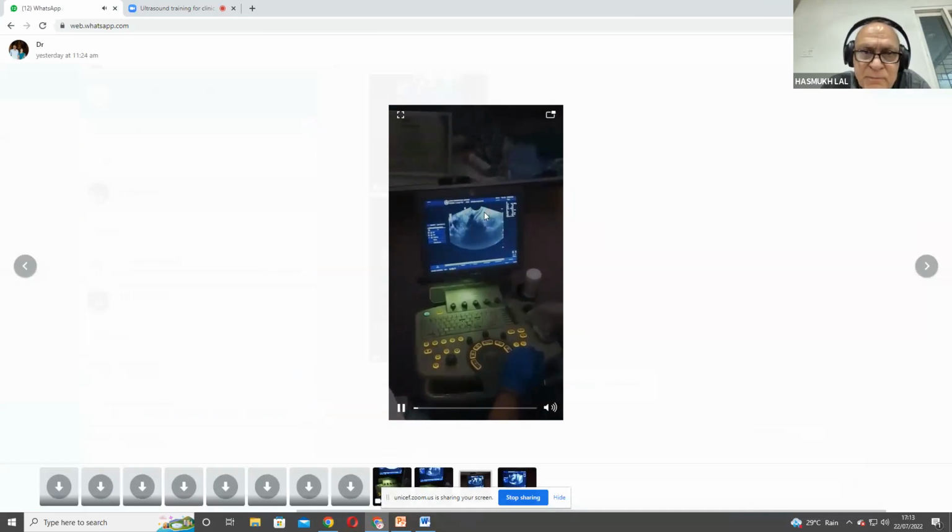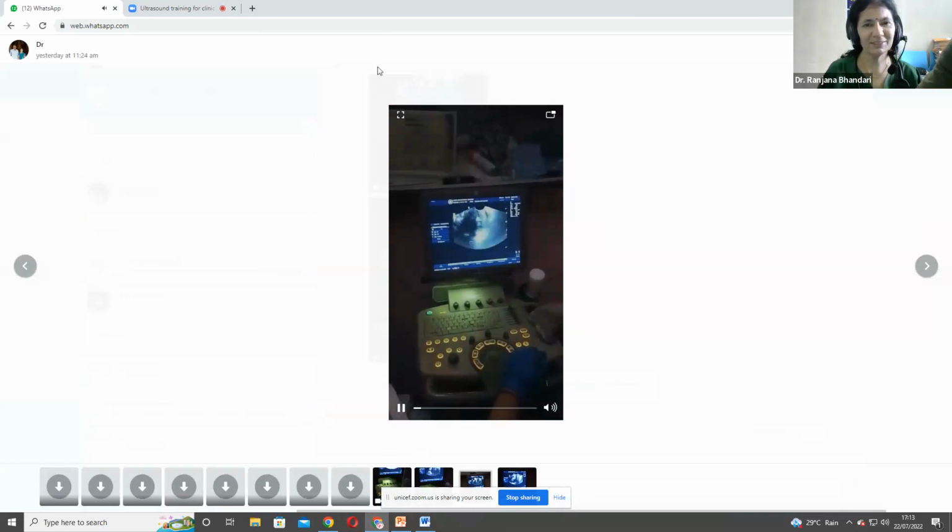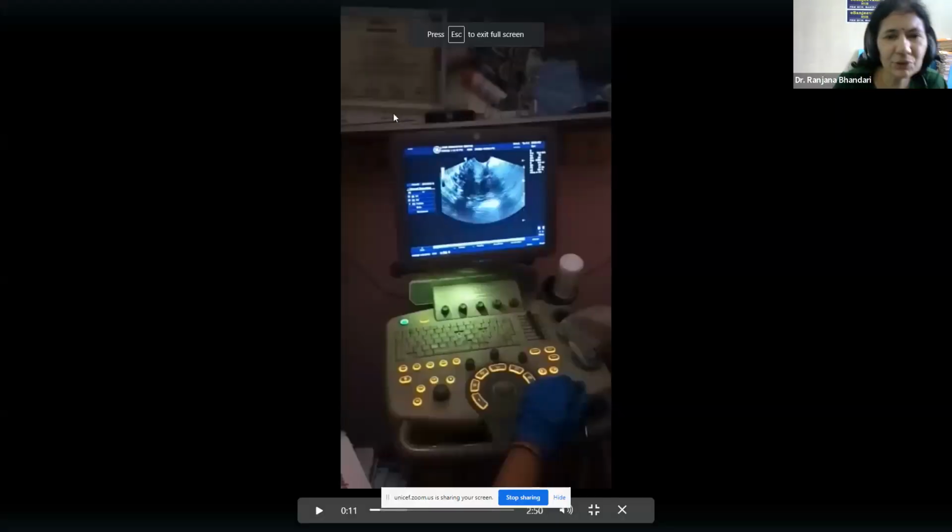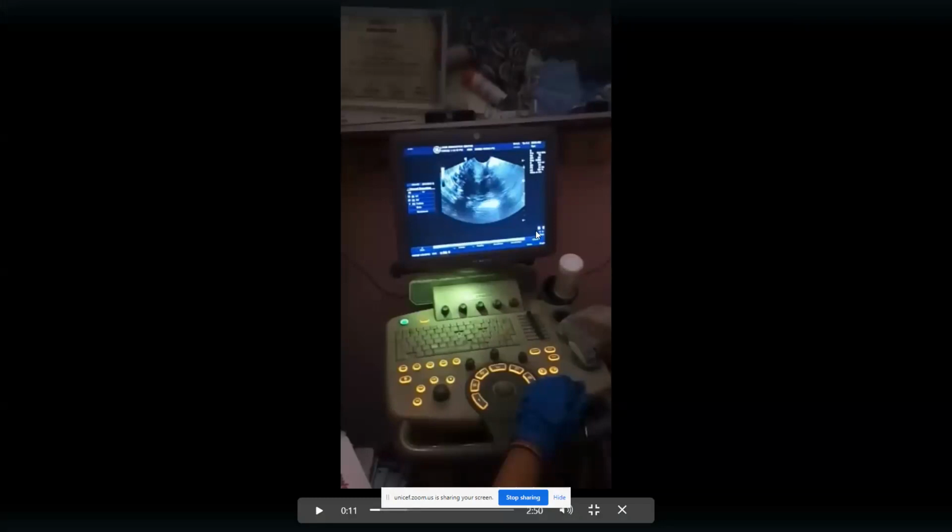So this is a case where we are introducing the probe. Maximize it.